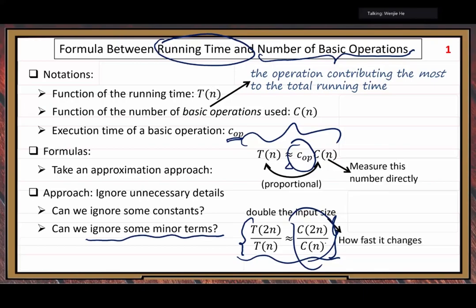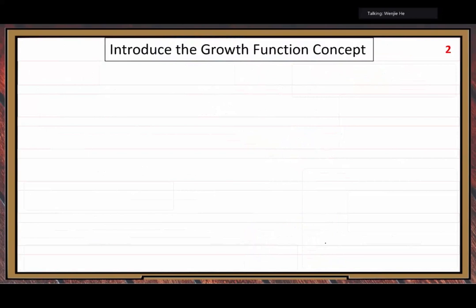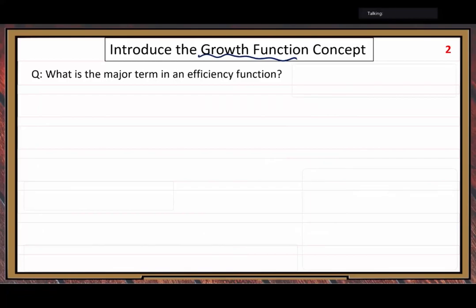Next, we need to talk about a new concept, the growth function concept. In order to show you the necessity of this concept, I need to go back to the first round approximation, the major term.